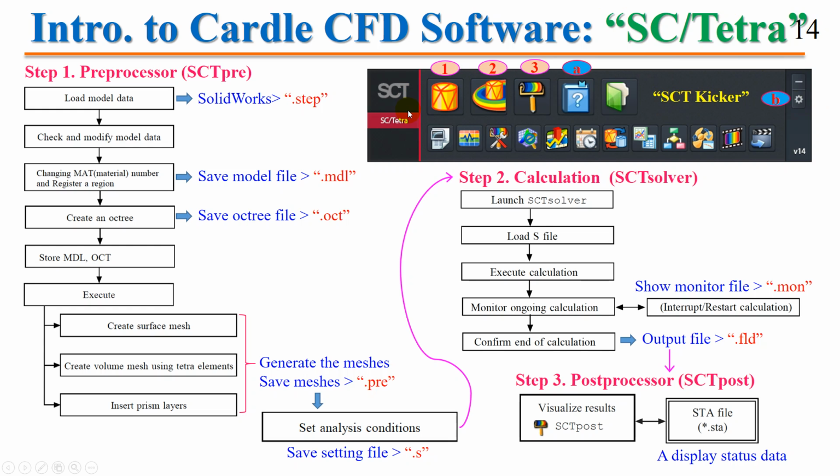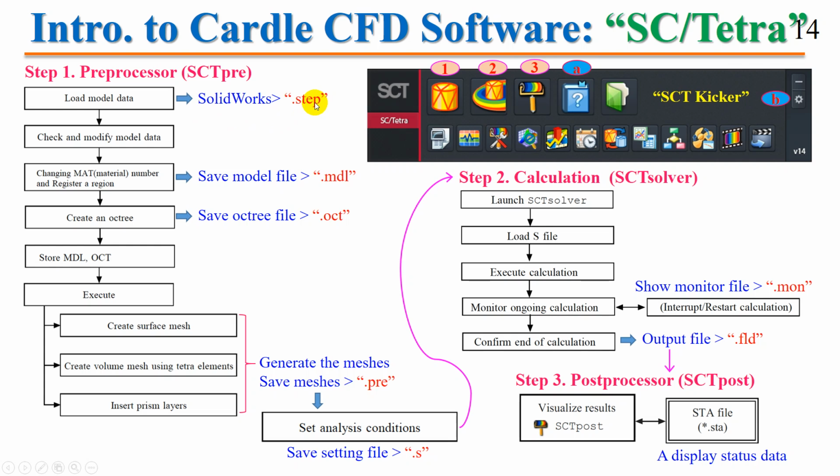It includes three main parts. The first part, if you click here, is the pre-processor. In this part, you will generate the CFD domain. Maybe you can import the CAD file, for example from SolidWorks by using the STEP file.